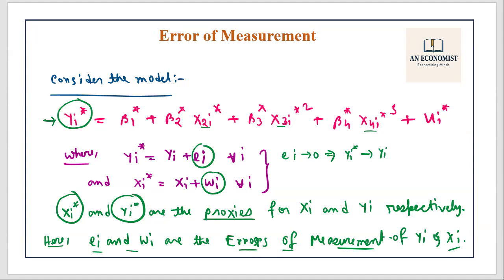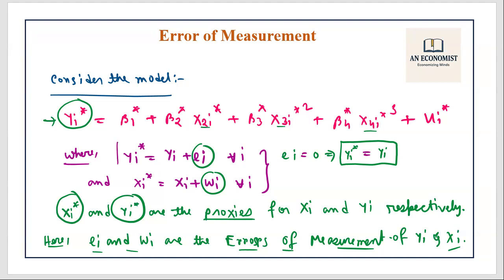Now, if this error of measurement ei goes to 0, then what will happen? yi star will tend to yi, which basically means yi star is tending to the best substitute of yi. And when it is exactly 0, it is exactly the same. If I remove this tending sign and make it exactly equal to 0, so yi star will be exactly equal to yi.